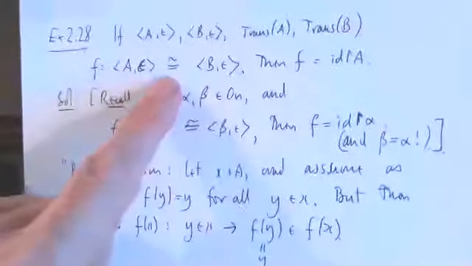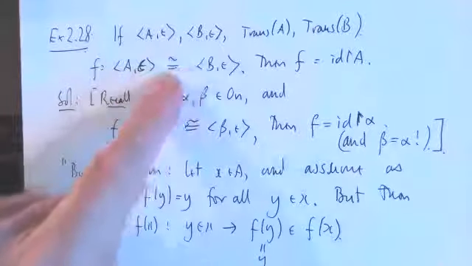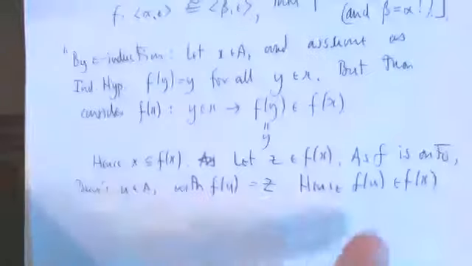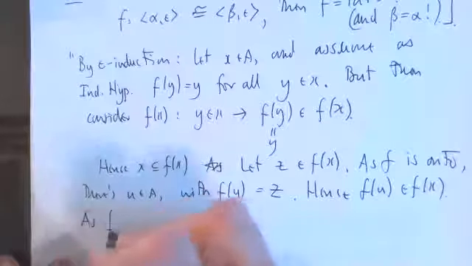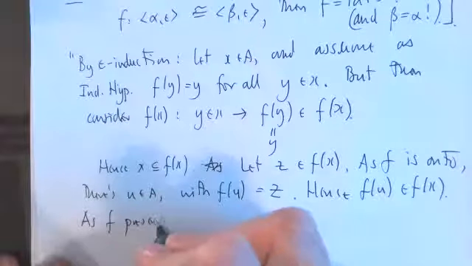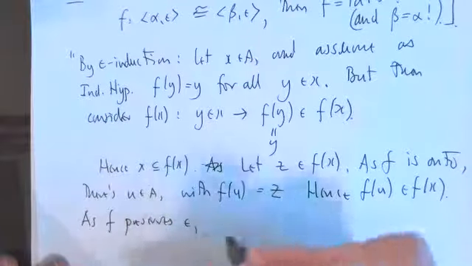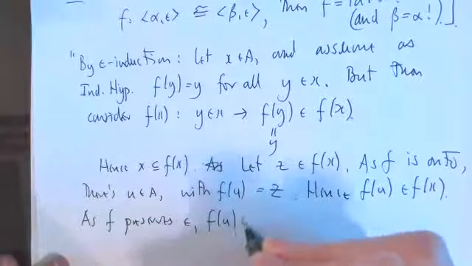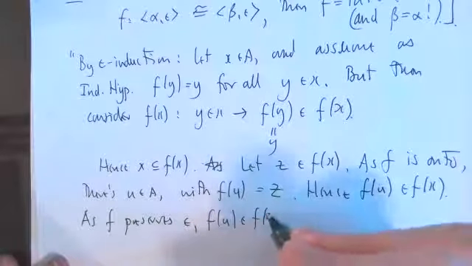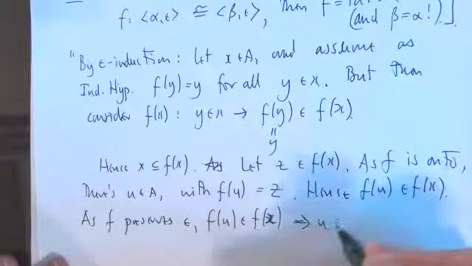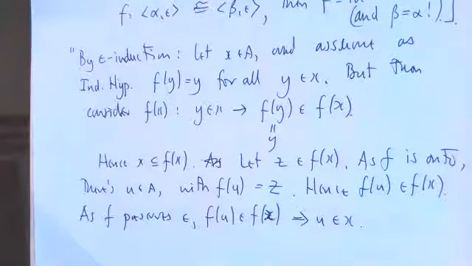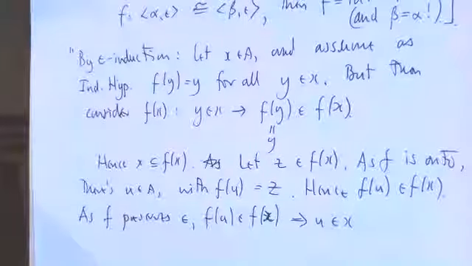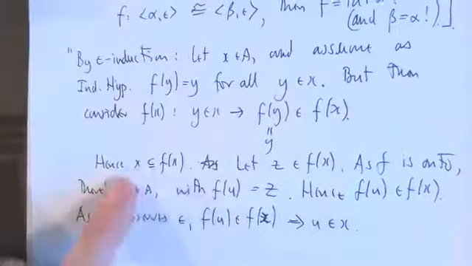But again, it's epsilon preserving. It's an isomorphism. This implies u is a member of x, as f preserves epsilon. So this should give me that f of x is then contained in x.